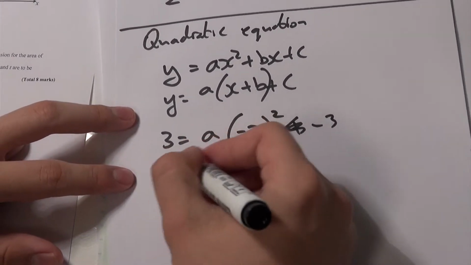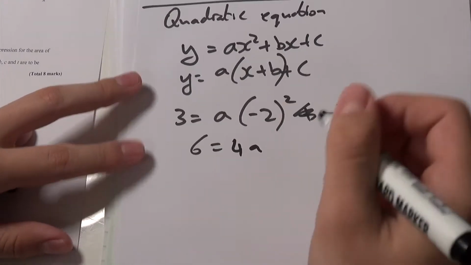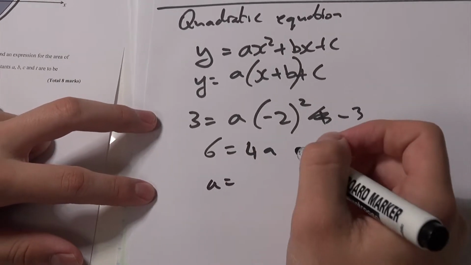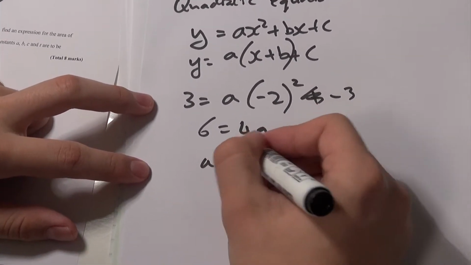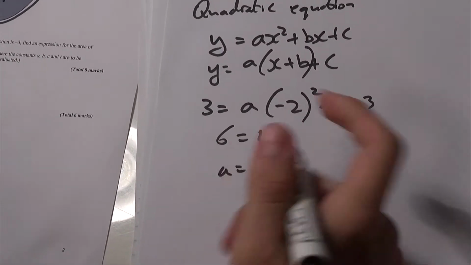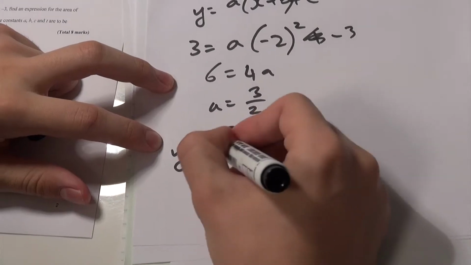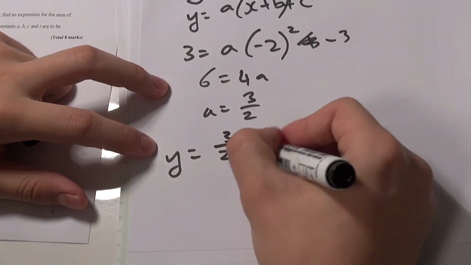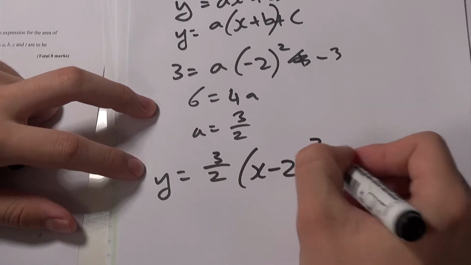Then it's going to be 6 is equal to 4a, therefore a is equal to 6 over 4, which is equal to 3 over 2. This means that the entire quadratic equation is equal to y is equal to 3/2 x minus 2 squared minus 3.